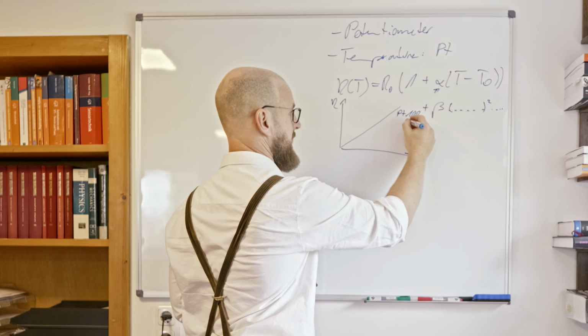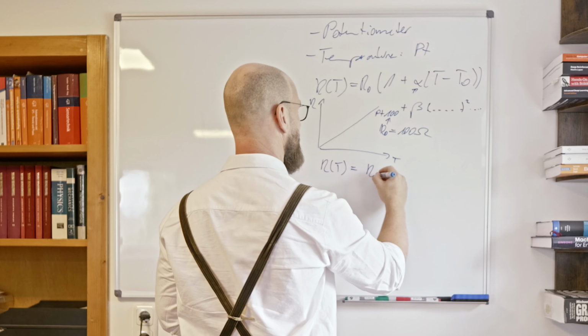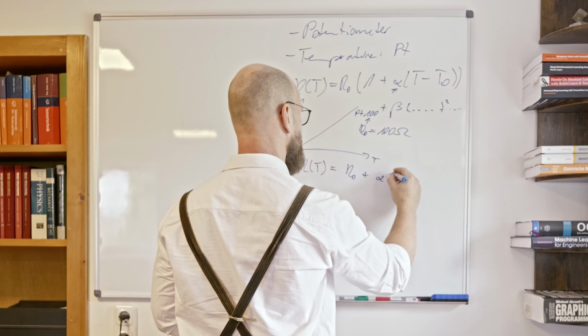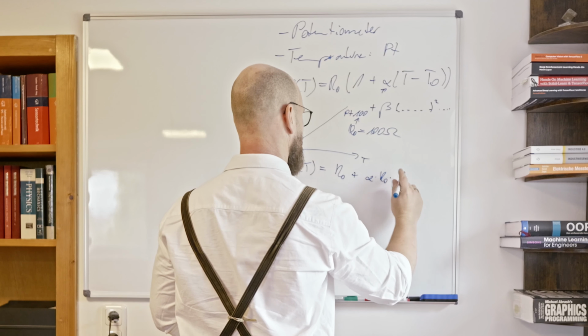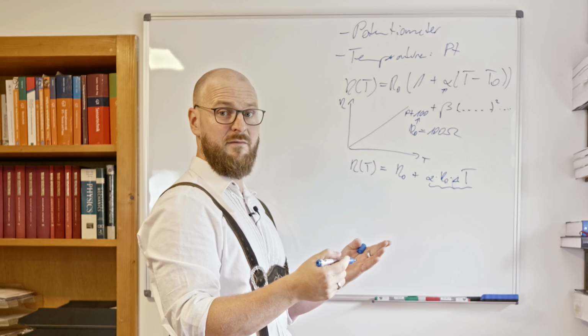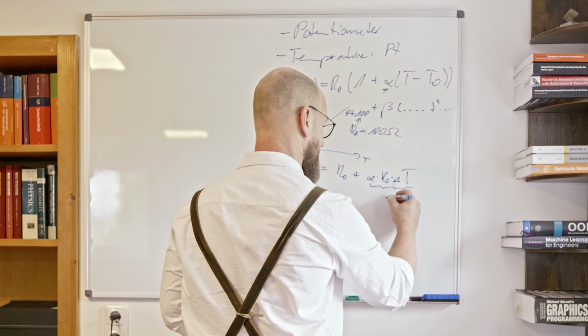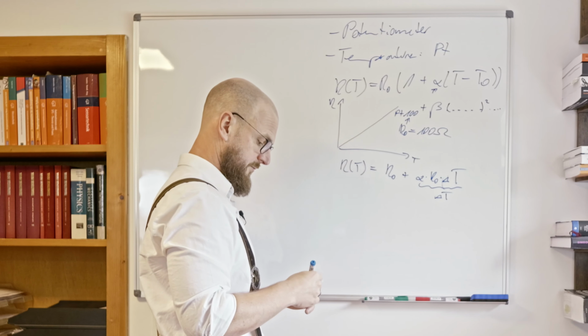For our purpose, looking at that means we have a temperature dependence which looks like R0 plus alpha times R0 times the change in the temperature. And now you see, to correlate that to the circuit bridges, we get a small variation over here.